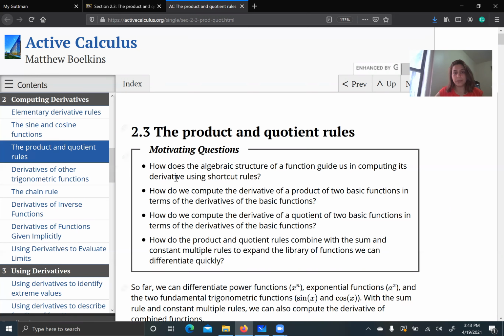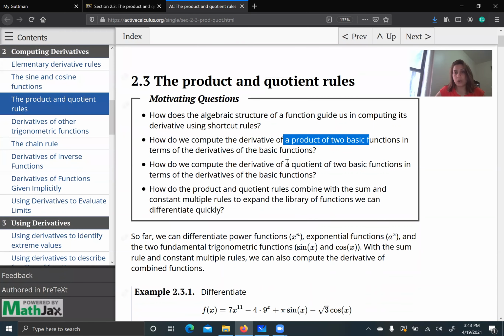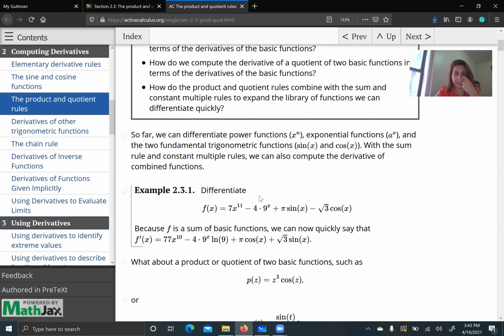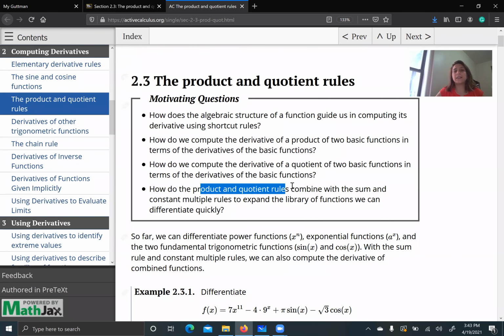We have learned about the derivative rules, and here we want to see how the algebraic structure of a function helps us take the derivative, and how we can compute the derivative of a product of two basic functions, and also the quotient of two basic functions. And then how do the product and quotient rules combine with the sum and constant multiple rules? We can combine them in order to quickly take derivatives.